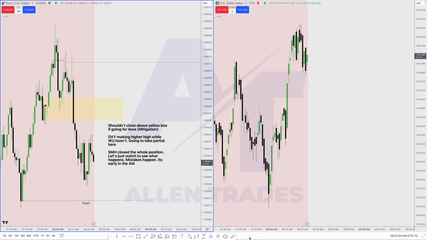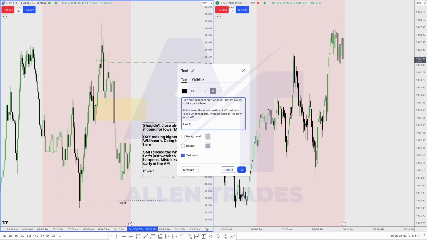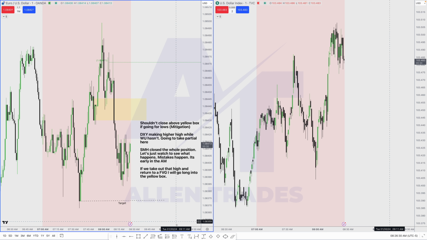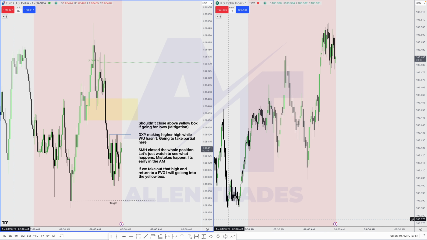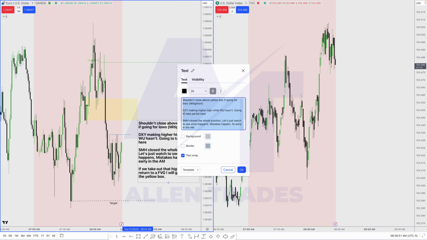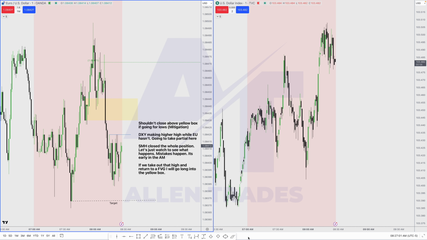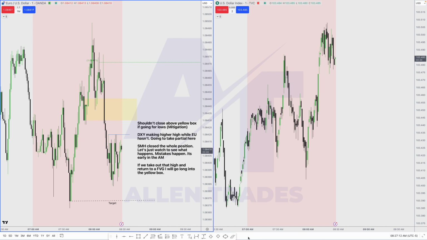Because we've closed below 50% of the expected range, I'm only expecting one stage of distribution. Like I was talking about earlier, usually there's two stages. So you have the smart money reversal, the low risk sell, first stage distribution, then second stage distribution. But we've already closed below 50%, trading all the way down into that 70 to 80% range.